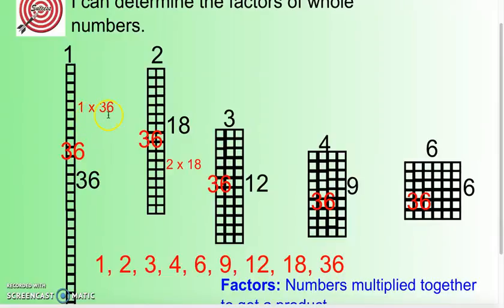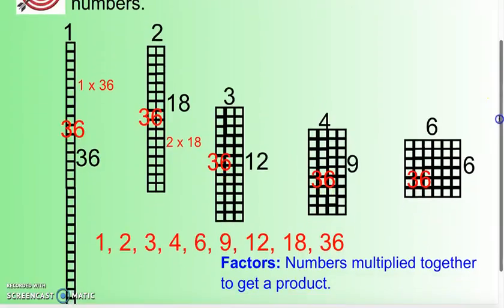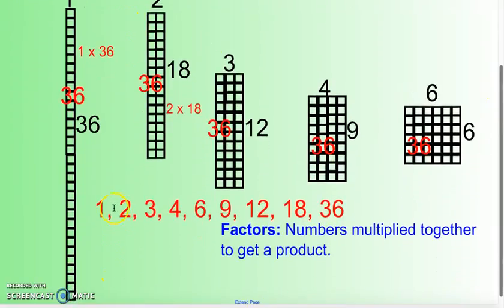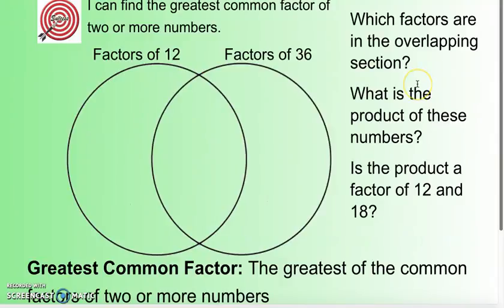So like 1 times 36 is 36. 2 times 18 is 36. 3 times 12, 4 times 9, and 6 times 6, all area of 36. All of those numbers that we're multiplying together are factors of 36. And so we are going to use our knowledge of factors, and what we're going to do is find the greatest common factor when looking at 2 or more numbers.